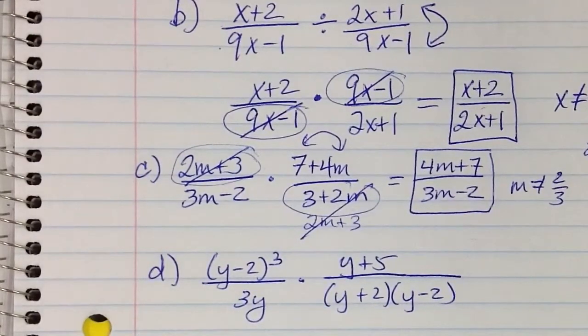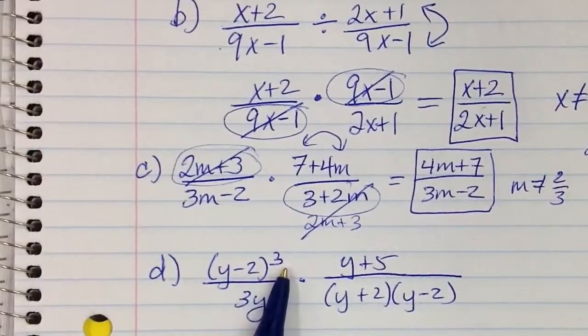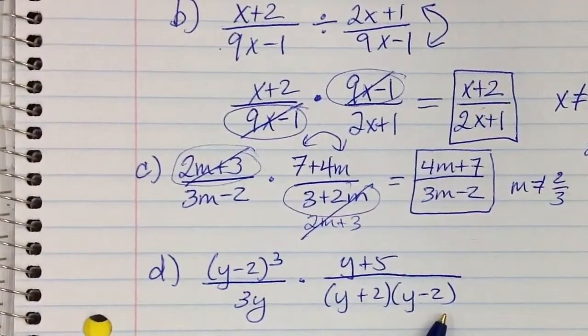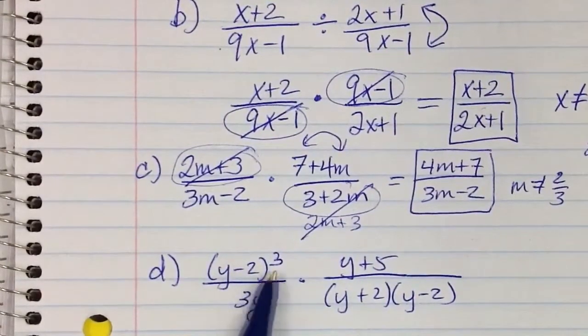What's the same? I see a y minus 2, but it's cubed, and I see a y minus 2 over here. y plus 2 is not the same, right? So there's one factor of y minus 2 here. How many factors of y minus 2 are here? 3.